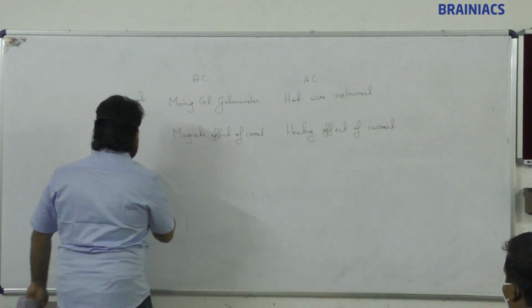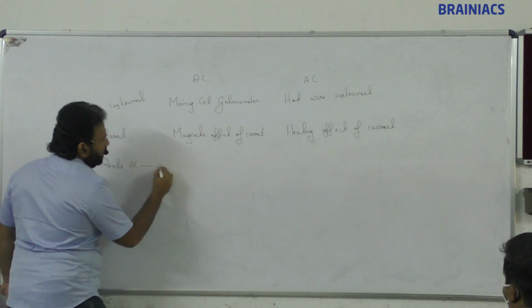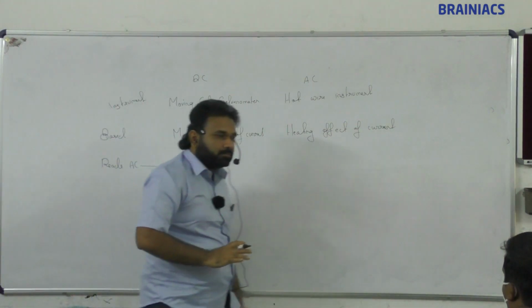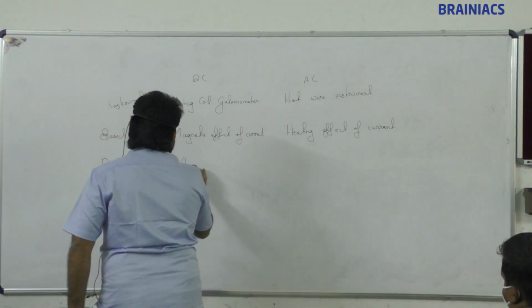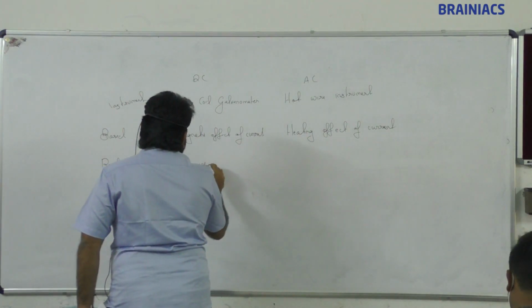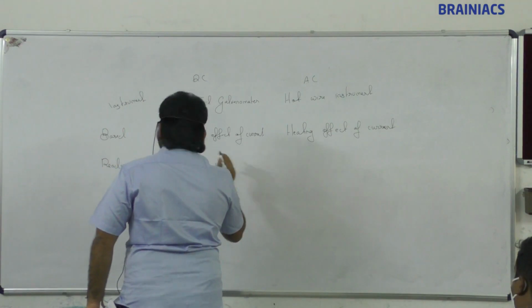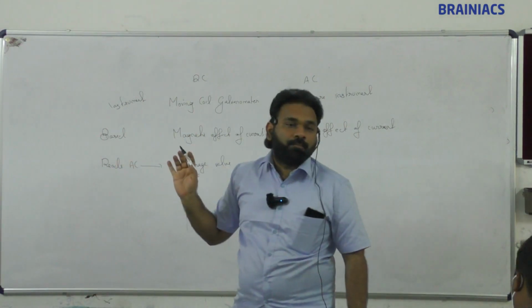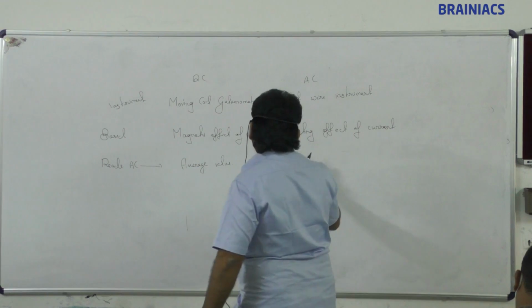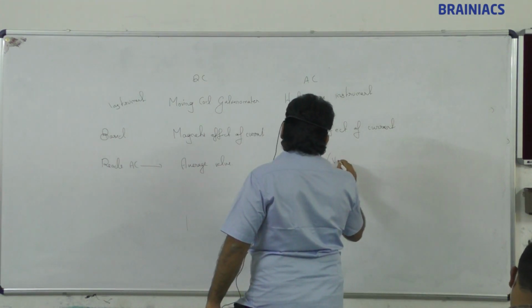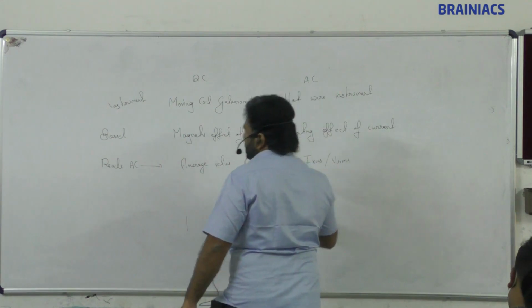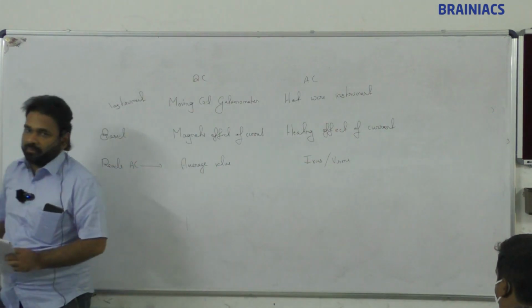Here, it is the average value. So that is the reason this reads 0. Okay, what about this one? IRMS or VRMS. So they will read differently.